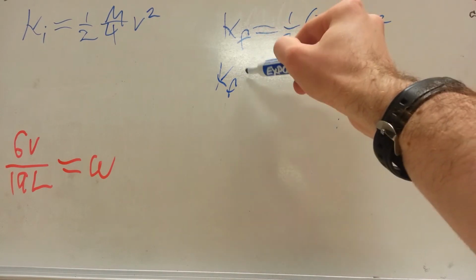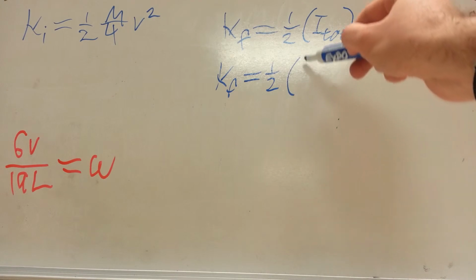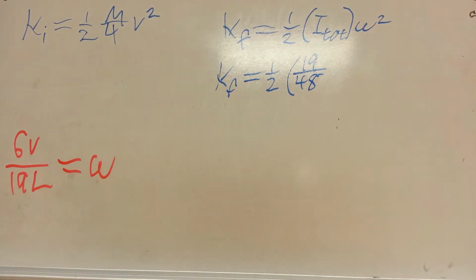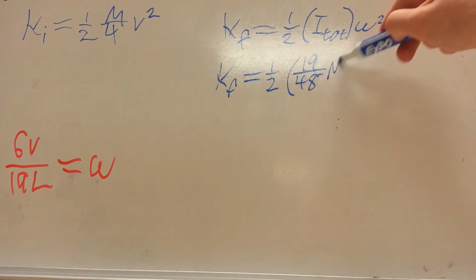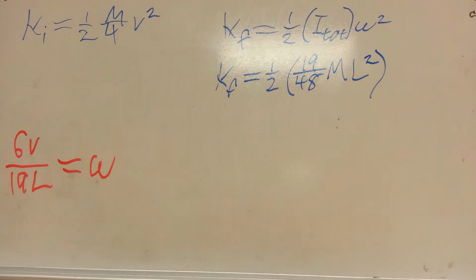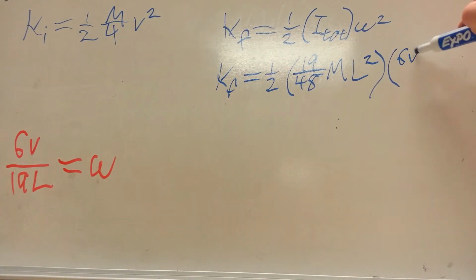That's the general formula. That's equal to 1/2 19 over 48, right? Yes. 19 over 48 is kind of a silly number, hard for me to remember. And then times omega squared, which we found, 6v over 19L squared.